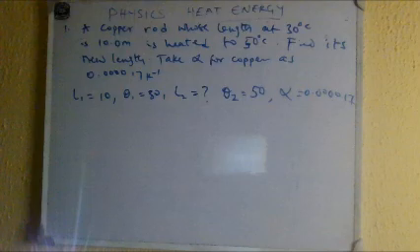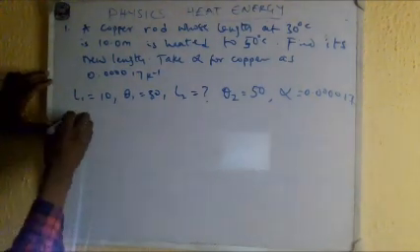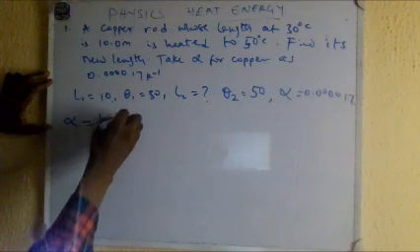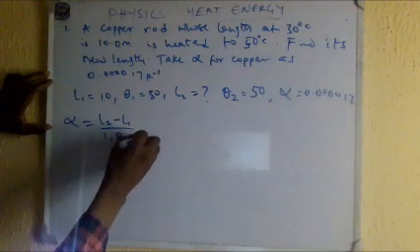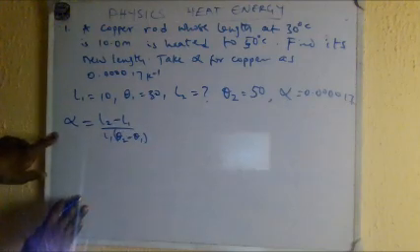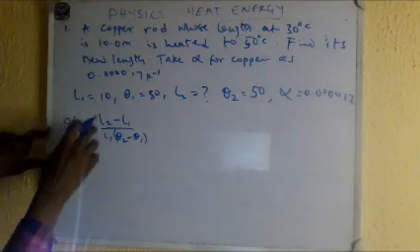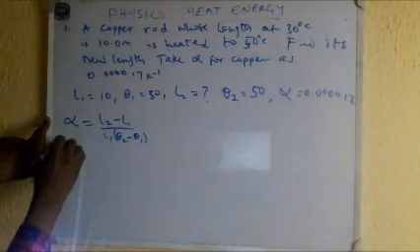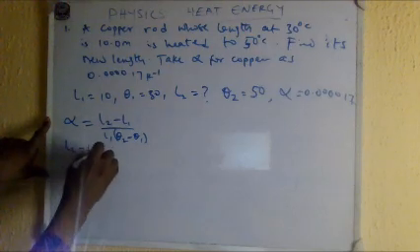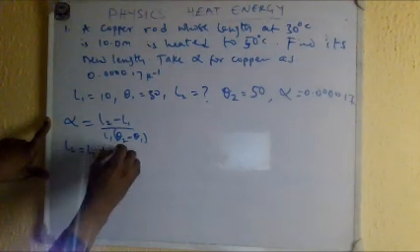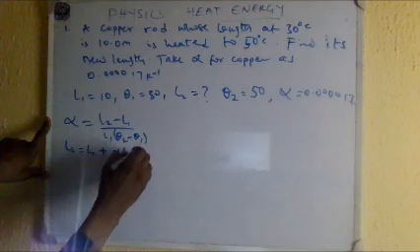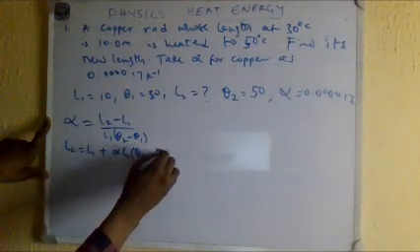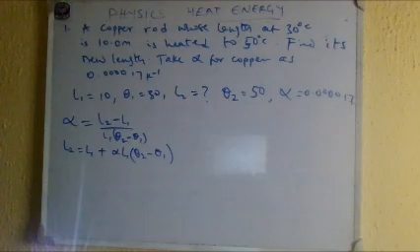Okay, so this is the formula: L2 minus L1 over L1 theta 2 minus theta 1. So we're looking for what? L2. Make it subject of the formula. So L2 is equals to L1 plus expansivity L1 theta 2 minus theta 1. So you plug in the parameters.